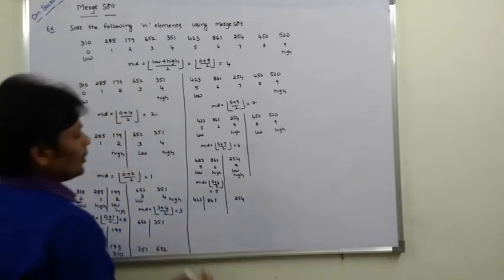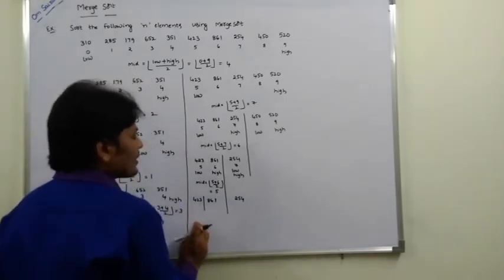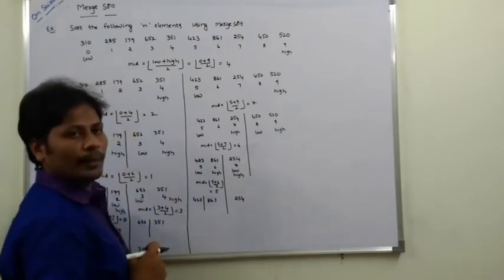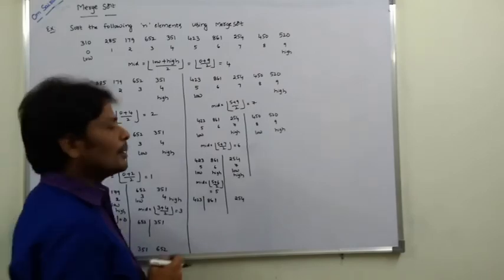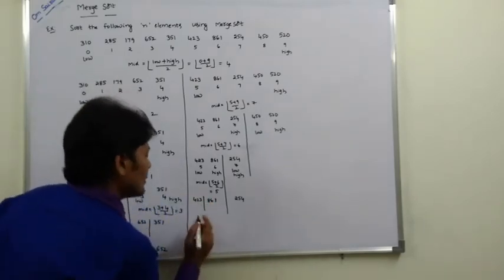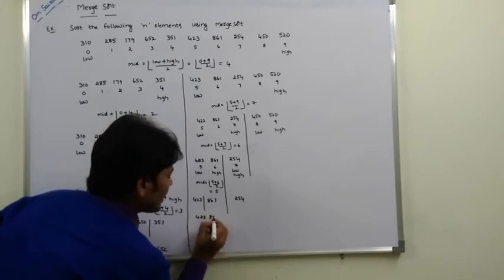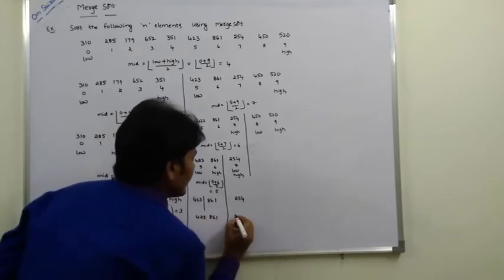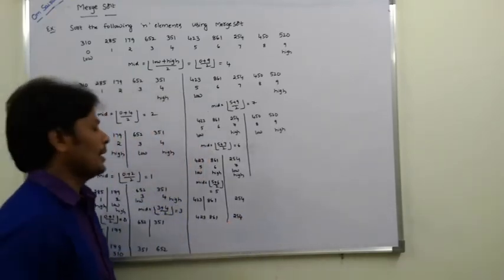Okay. So this first sublist is compared with the second sublist. If the elements are not in sorted order, put them in sorted order. So that is 423, 861 is combined with 254. Okay.